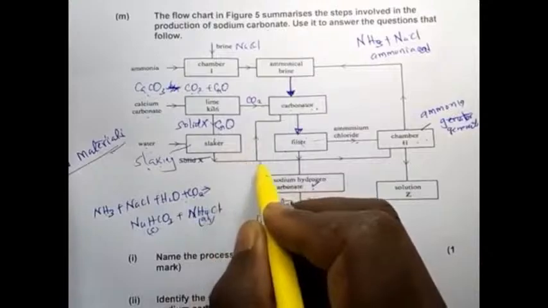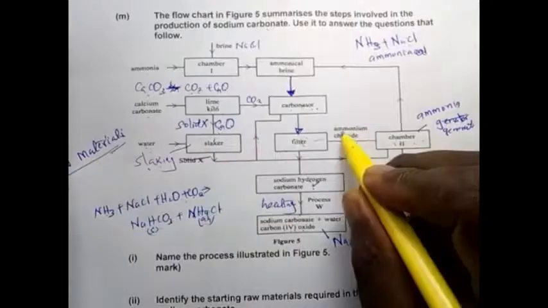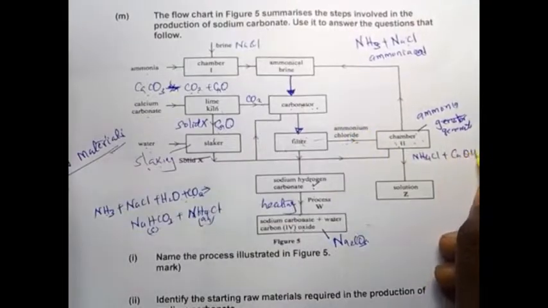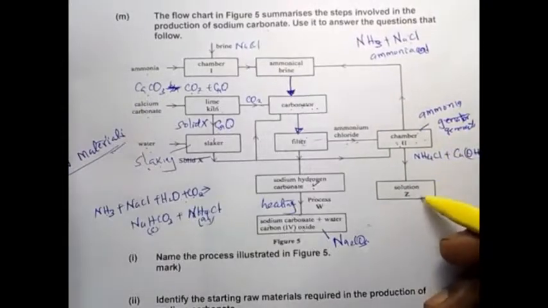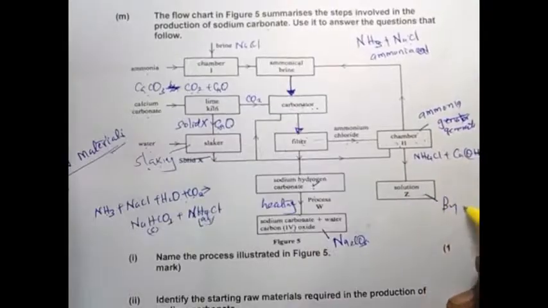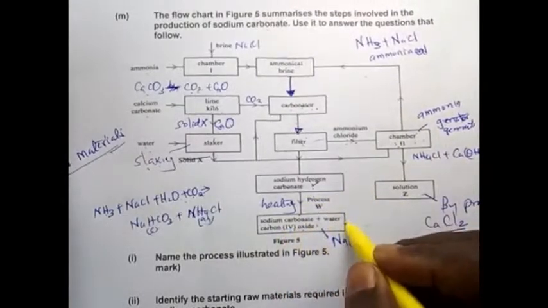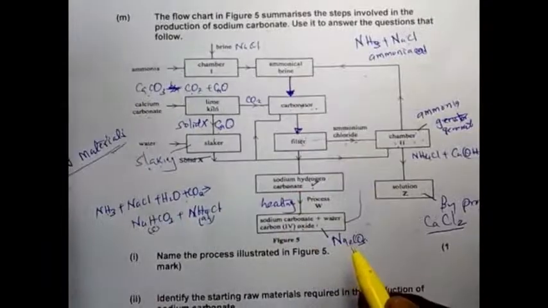Calcium hydroxide comes into this chamber where it meets ammonium chloride, combines with it, generating ammonia, and calcium chloride comes as the byproduct. The byproduct is calcium chloride. The water is recycled. The carbon dioxide obtained here is recycled back to the carbonator. It's taken back to the carbonator.